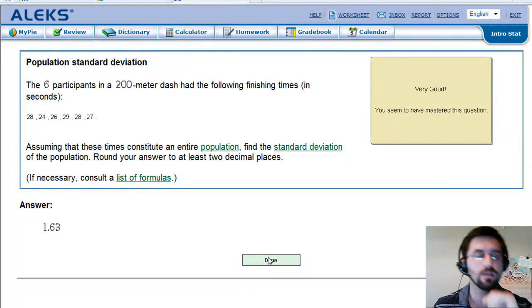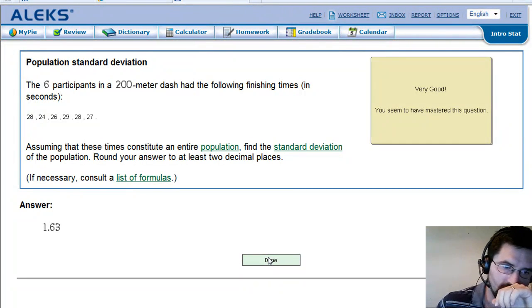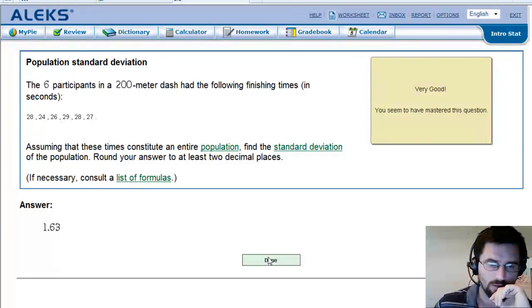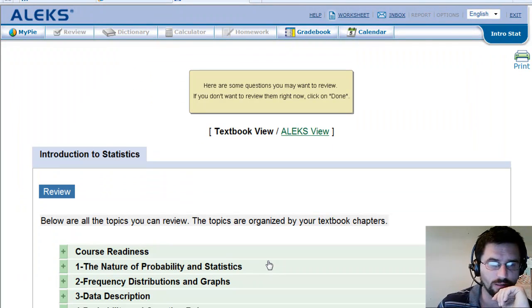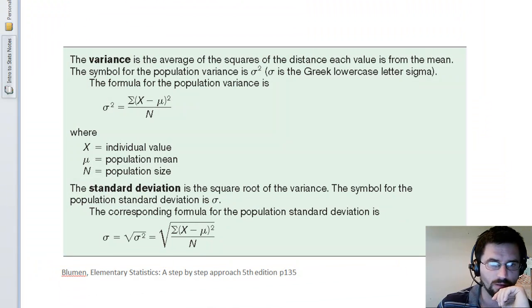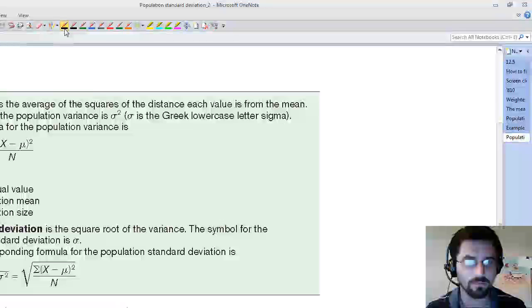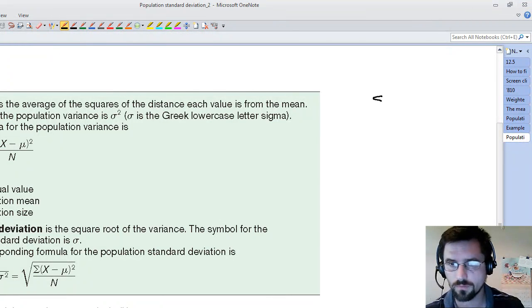Now there's a way to do this in your TI-83/84. That is on the video for finding sample standard deviation using the TI-84. The only difference is, instead of looking at the value which says S, you would look at the value which is next to sigma.